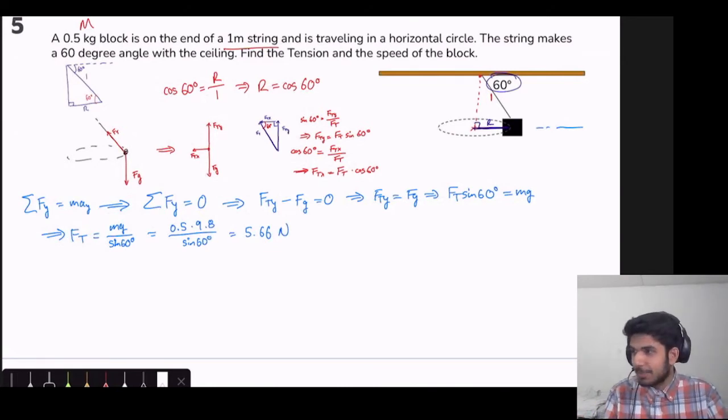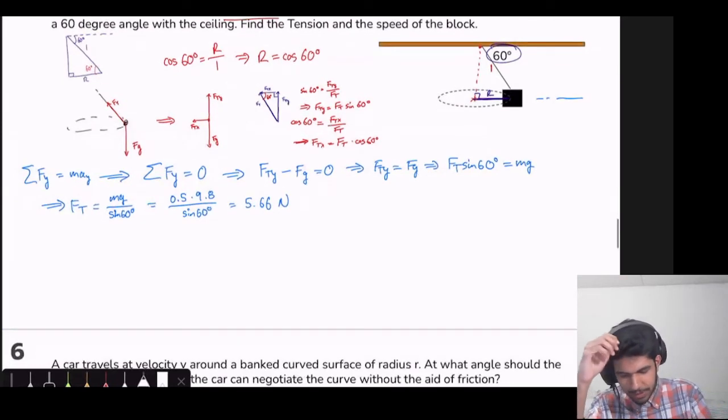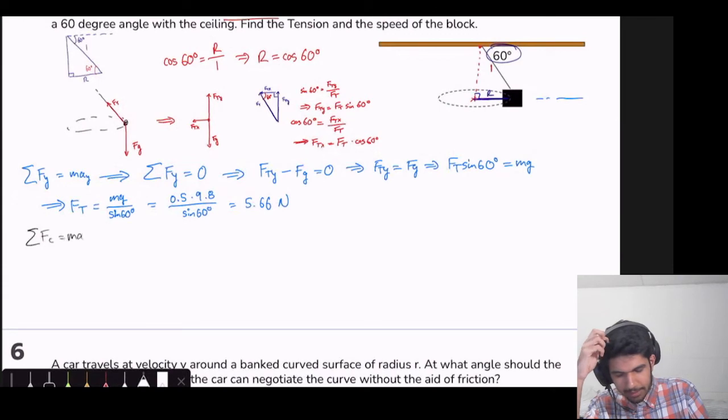But now we have to find the speed, and that's a little bit more complex, because now we actually have to consider circular motion, because the speed comes from the block traveling in the circle. So now let's sum the forces in the circular direction, if you will. So Fc equals mac.